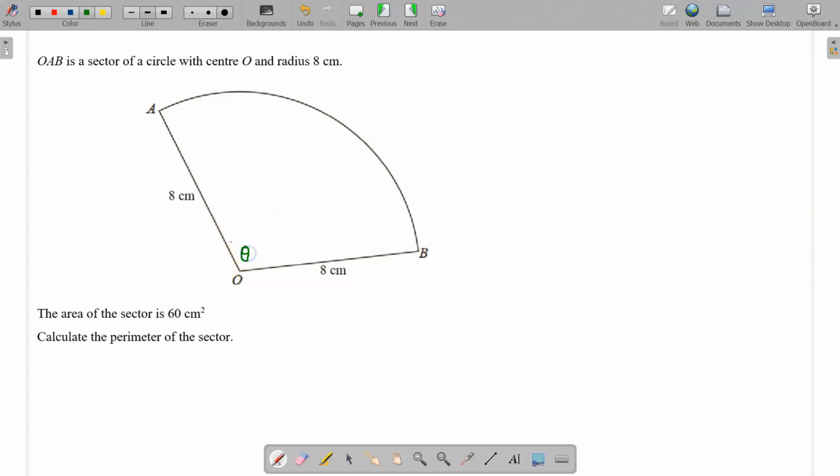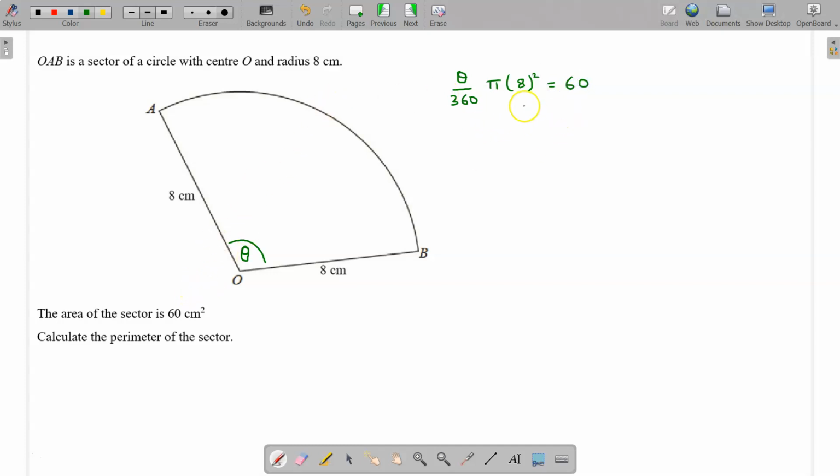So I'm going to call this unknown angle theta. If we take theta out of 360, that's the fraction of a complete circle, which is pi times the radius squared. We know that the area is 60 centimeters squared because we're given that in the question.